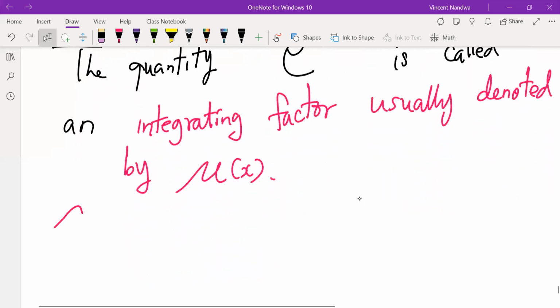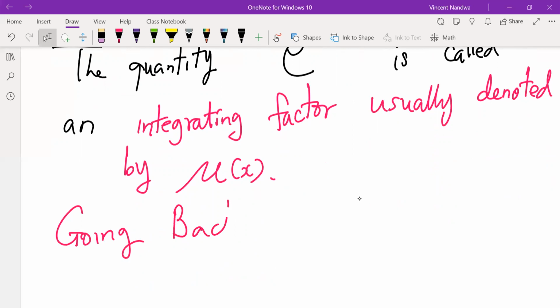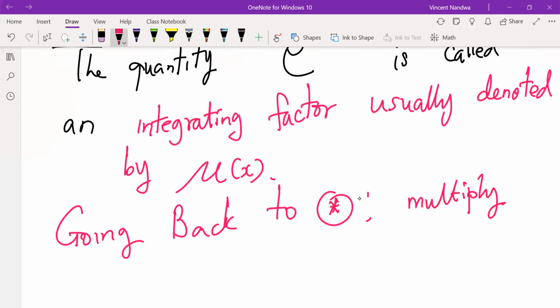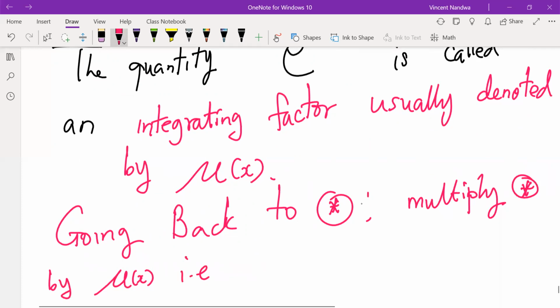So going back to star, multiply star by mu of x. So this is what I mean.